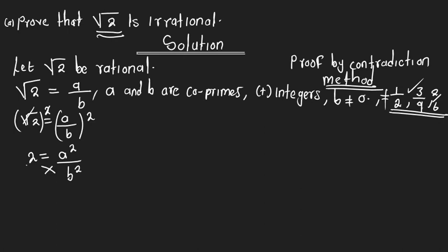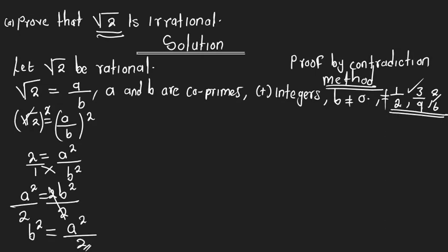So if you cross multiply, you are going to get a power 2 equal to 2b power 2. Now when you reach here, you are supposed to divide by 2. You also divide by 2. So you are going to get something like b power 2 is equal to a power 2 over 2.